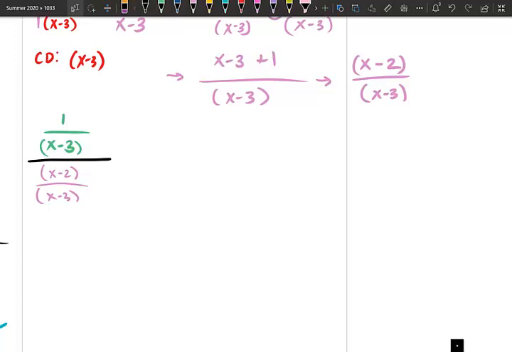You can cancel those out. But let's say you don't see that. We know that this symbol just means division, so we're going to switch the way this looks.